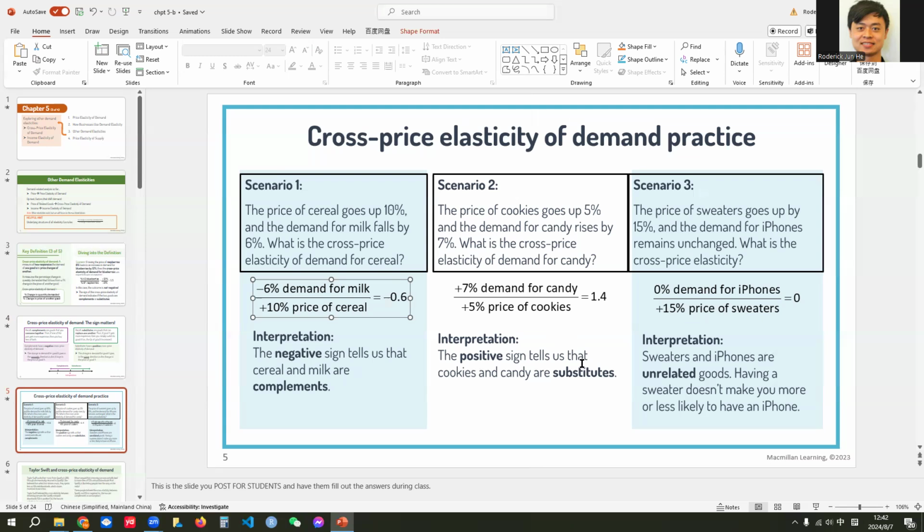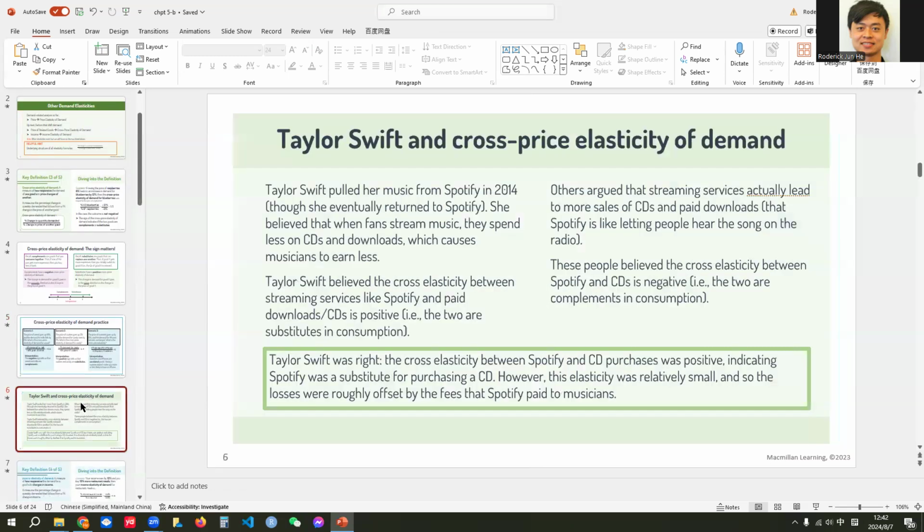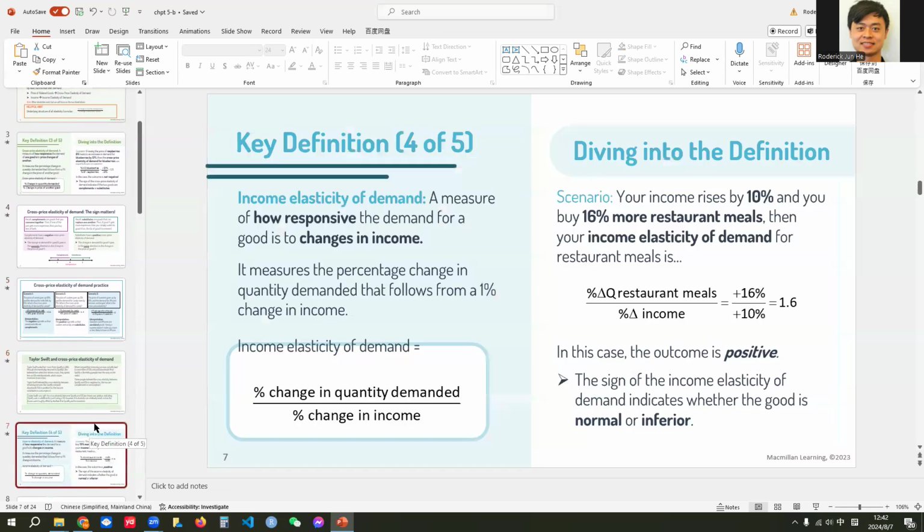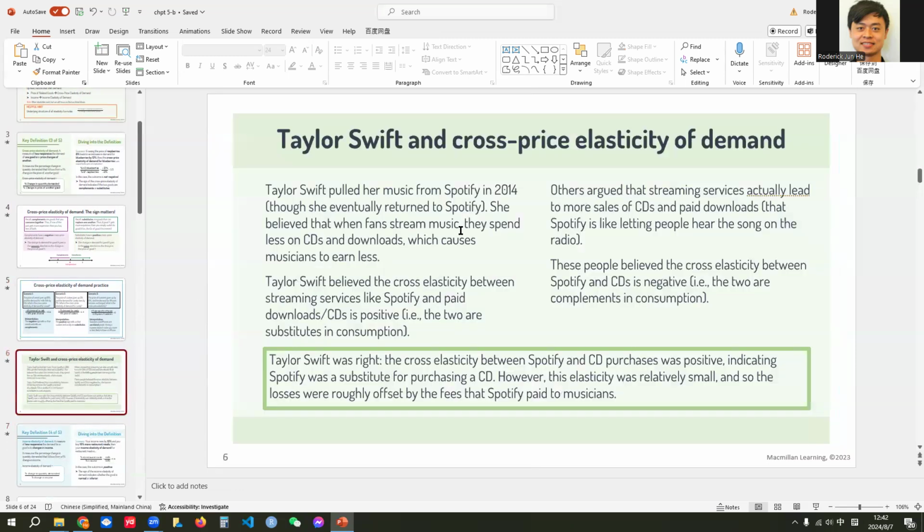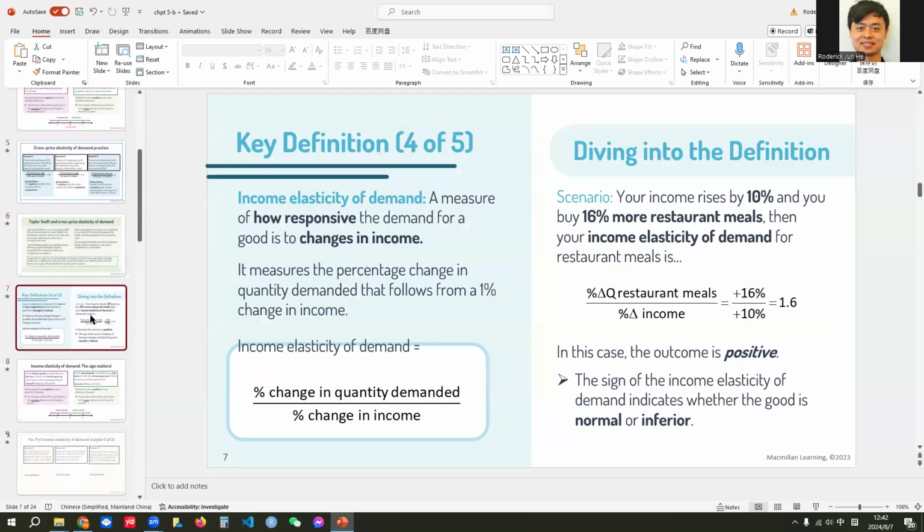There is nothing in relation between these two. Therefore, the cross price elasticity, I like to call it cross elasticity, is null. Those are unrelated products. Okay, there is another life relatable example I'll leave for you to read by yourself.